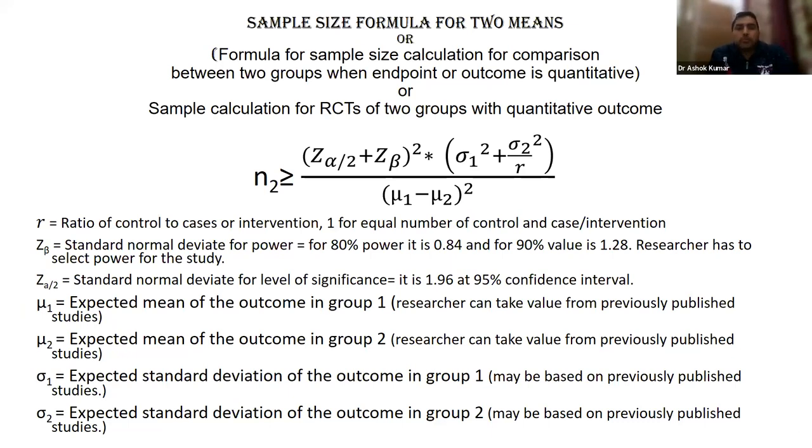So this is the sample size formula for two means, or the formula for sample size calculation for comparison between two groups when the endpoint or outcome is quantitative or continuous or numerical, you can say. Or sample size calculation for RCTs, randomized control trials of two groups with quantitative, continuous outcome, when we compare two means.